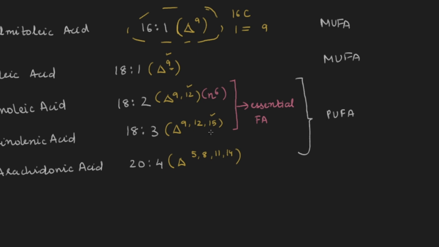Linolenic acid is an omega 3 acid, whereas oleic acid is omega 9. So omega acids are denoted by n. So n-3, n-6, and n-9 omega acids are linolenic acid, linoleic acid, and oleic acid respectively.